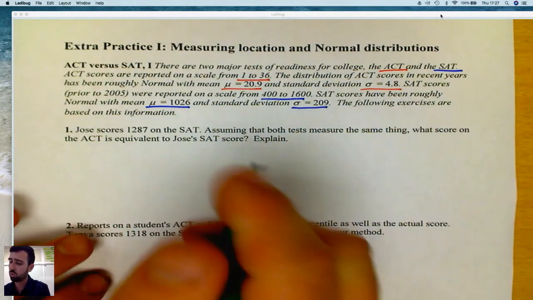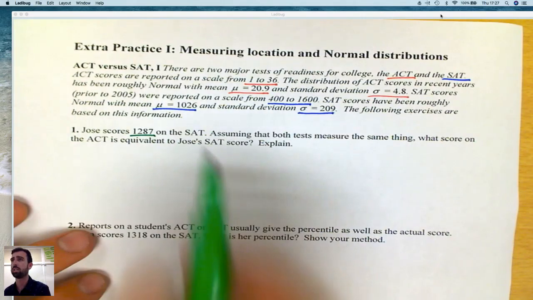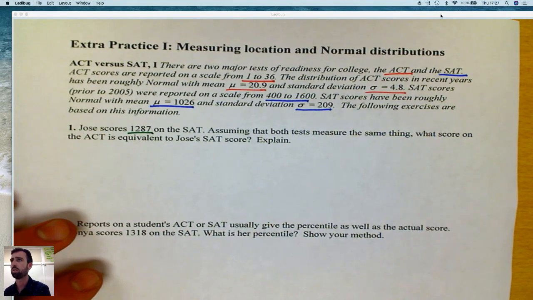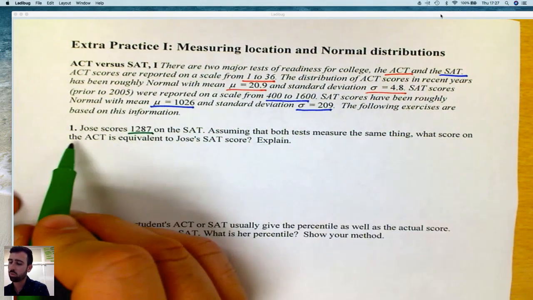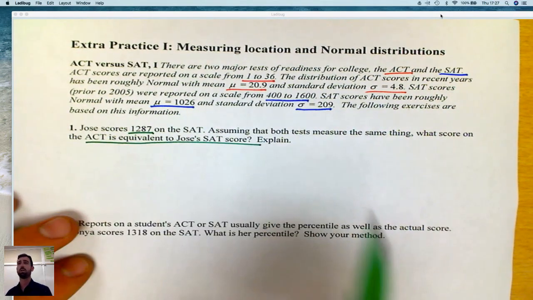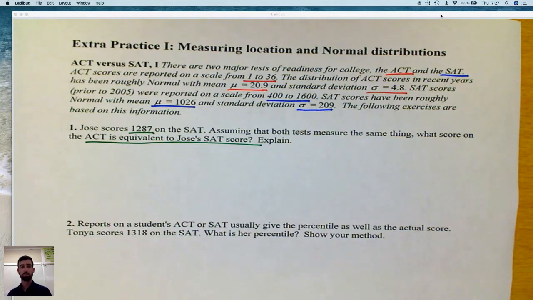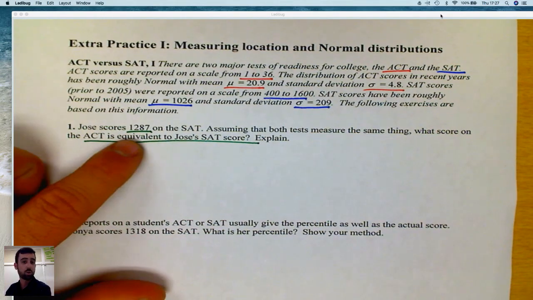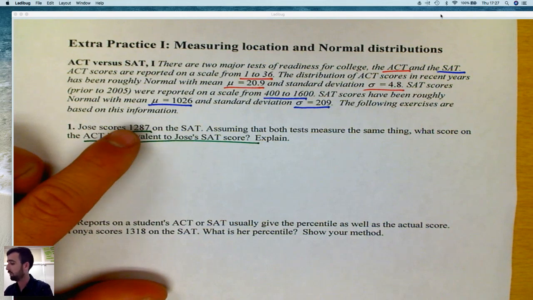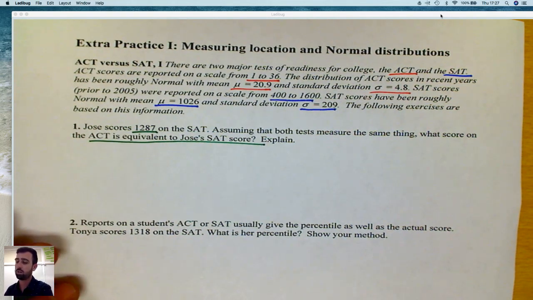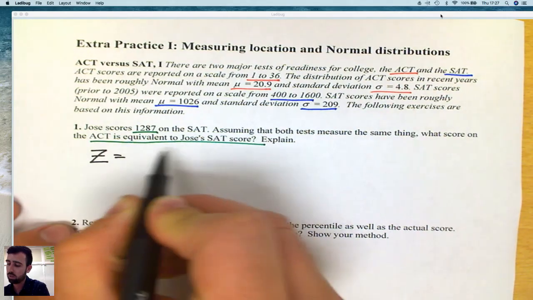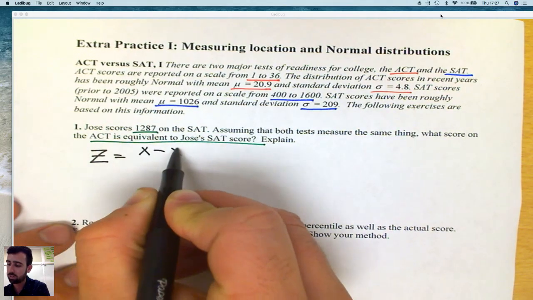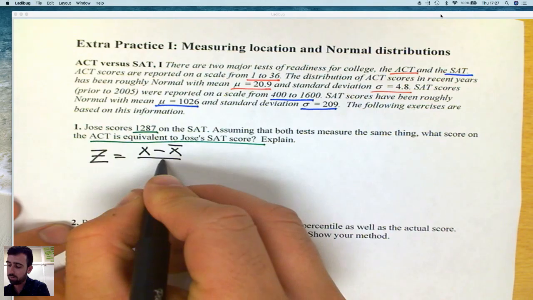Jose scored a 1287 on the SAT. Assuming that both tests measure the same thing, what score on the ACT would give Jose an equivalent value? So first of all, we have to know what his z-score or standardized score is on the SAT. And let's not forget what the formula is for z-score. So z-score equals your data point minus the average divided by the standard deviation.